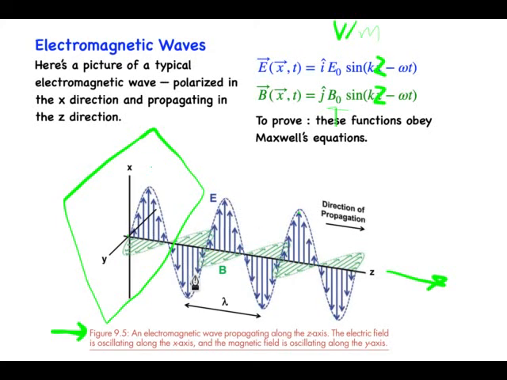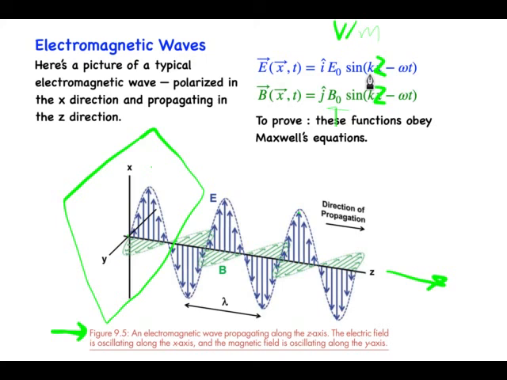The electric field oscillating, this is a harmonic oscillation. The magnetic field oscillating. The nodes are at the same places. The crests and the troughs are at the same positions. The wavelength is from, let's say, one trough to the next trough. So the electric wavelength is the same as the magnetic wavelength.